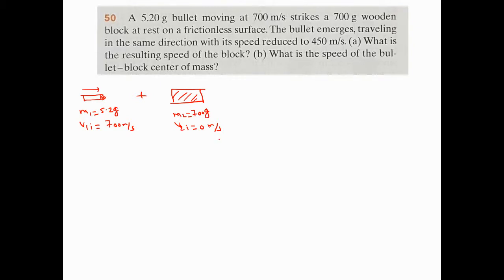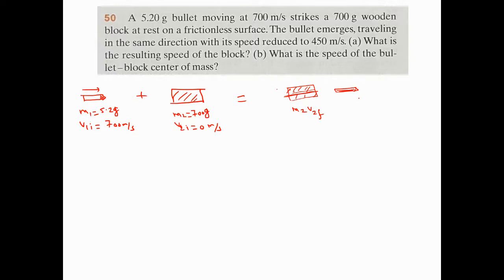After the bullet hits, the wooden block will move with some speed. It will be moving a little. So my wooden block has mass M2, but it also has some final speed.